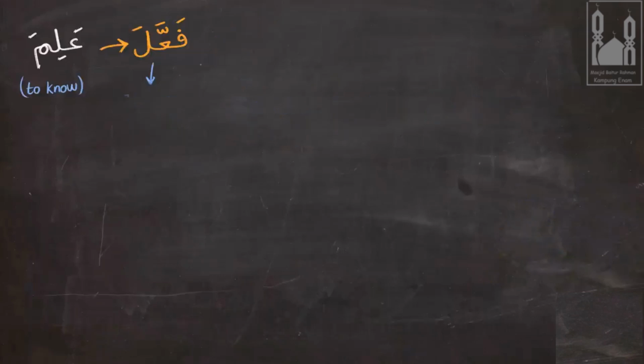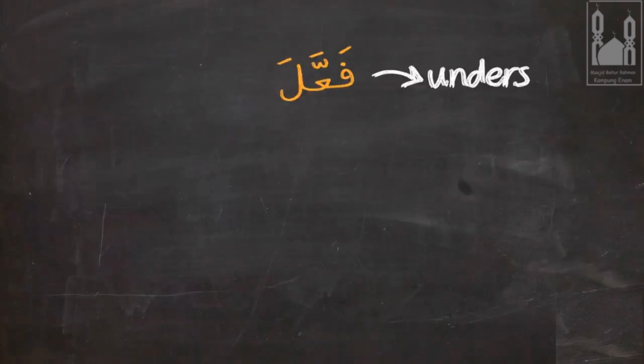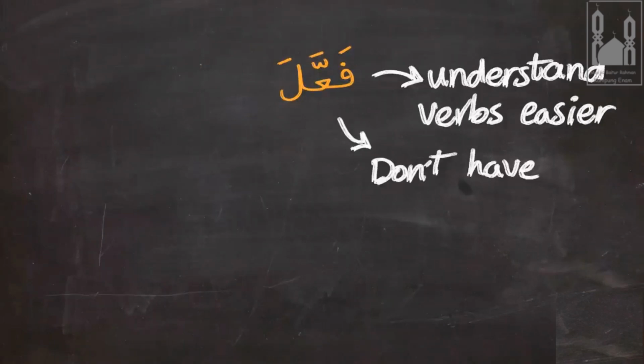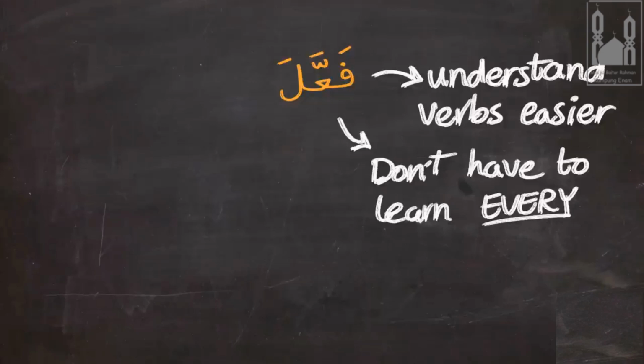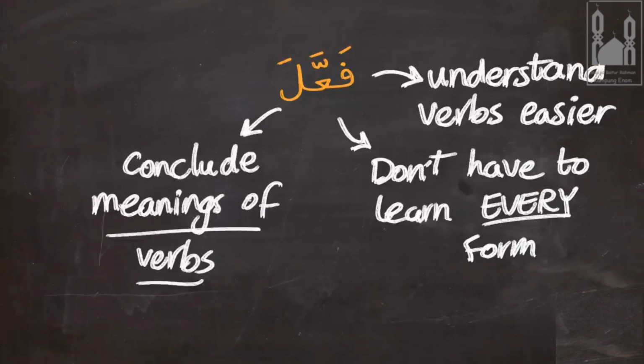Now, your knowledge of these measures will help you greatly to understand the Quran very easily without having to learn every single form of the verb that you see in the Quran. By simply learning what this measure or mold means and what kind of meaning it adds to the word, you can simply conclude the meaning of verbs without having to learn every single form of the verb.